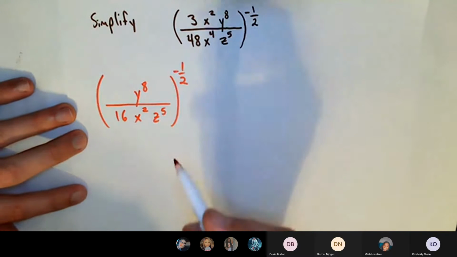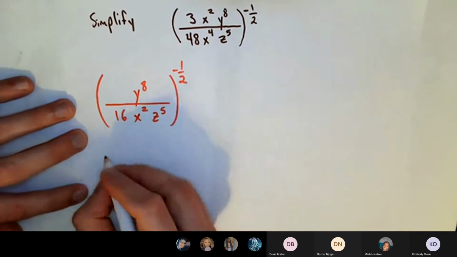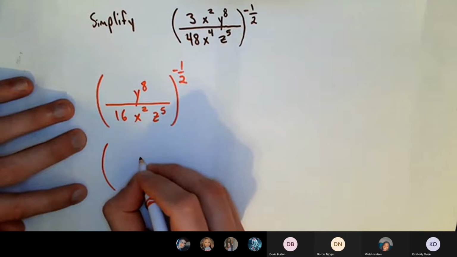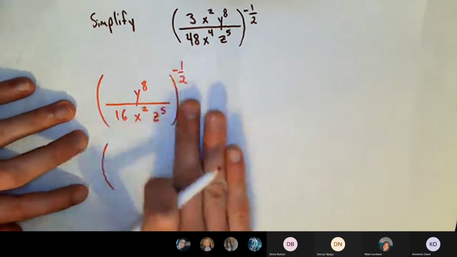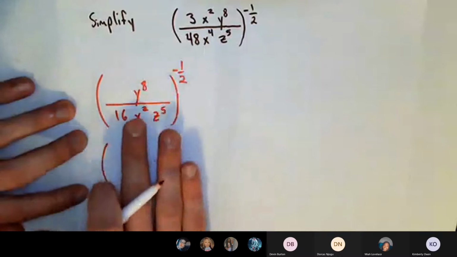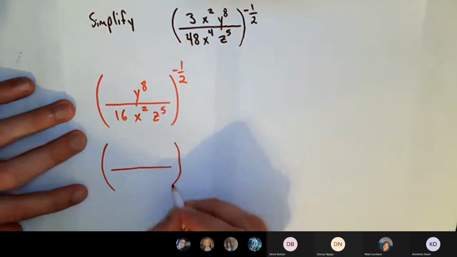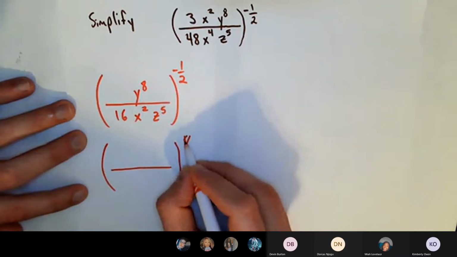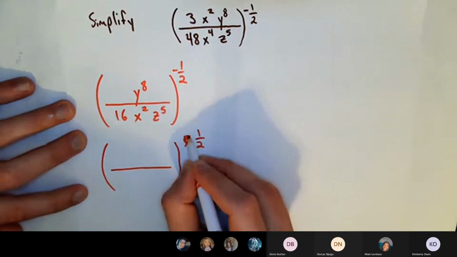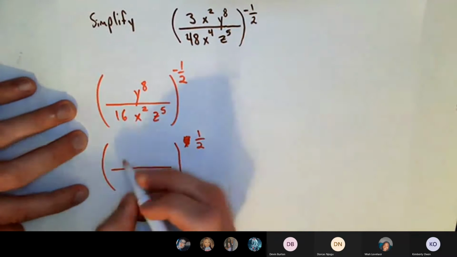All right, so now the next thing I'm going to do is deal with this negative out here. And the way I'm going to deal with that negative is I'm not going to change any of the signs on the exponents inside, even though they're all positive anyways, right? 8, 2, and 5, they're all positive. All I'm going to do is use up that negative to flip everything in here.